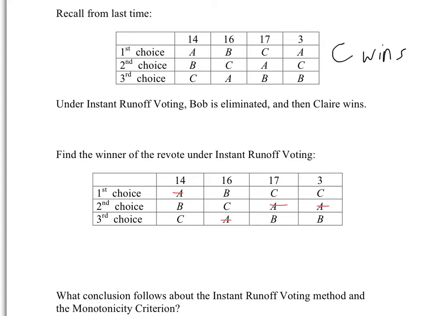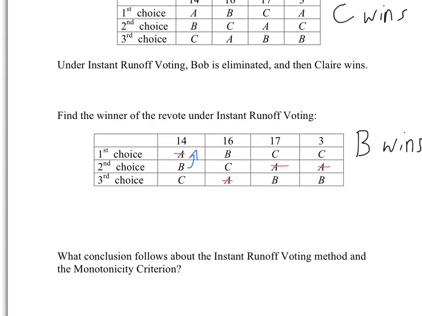So now Bob moves up on these 14 ballots right here, and we find that Bob now has a total of 30 first choice votes against Claire's 20, so Bob now wins the re-vote. That is very bad news from the point of view of the monotonicity criterion, because Claire should have remained the winner according to the monotonicity criterion.